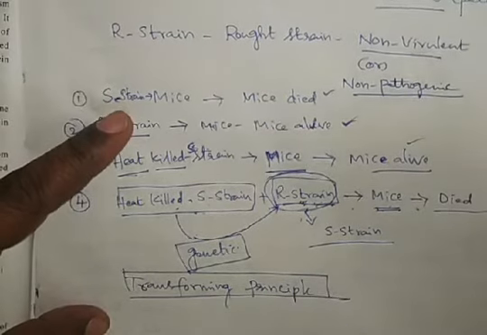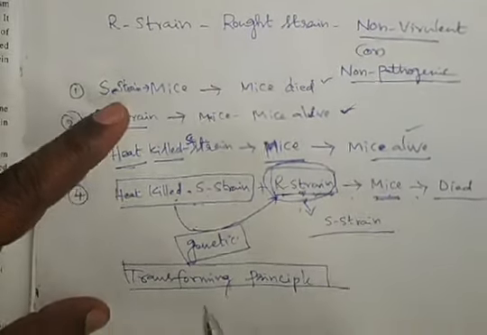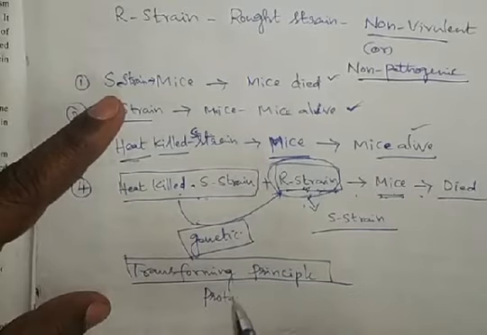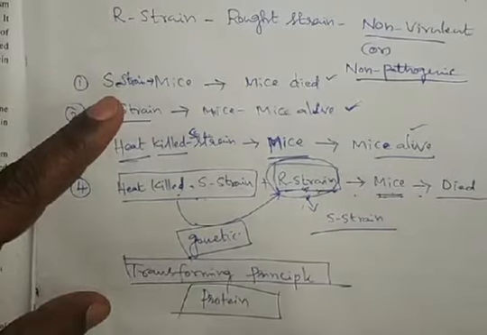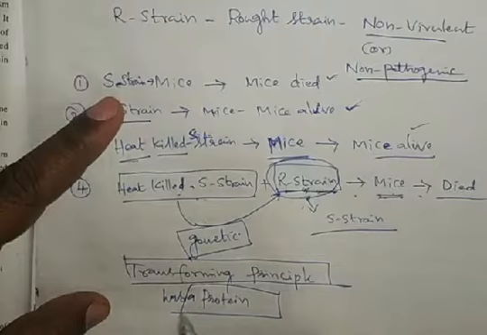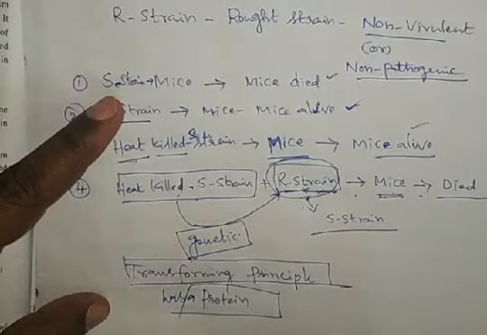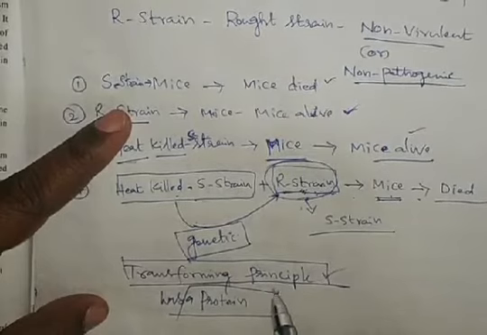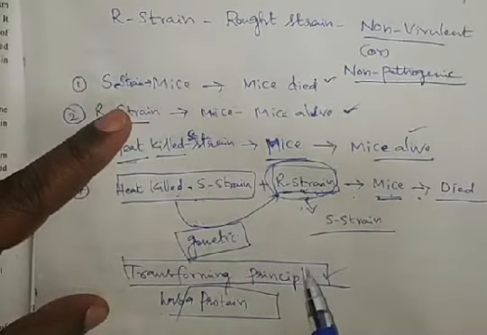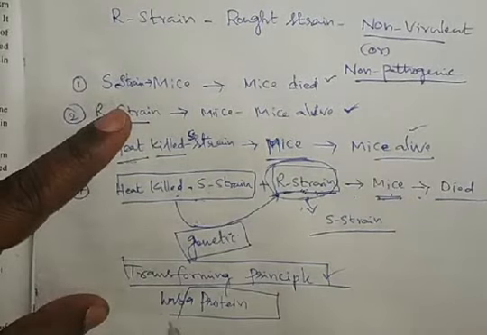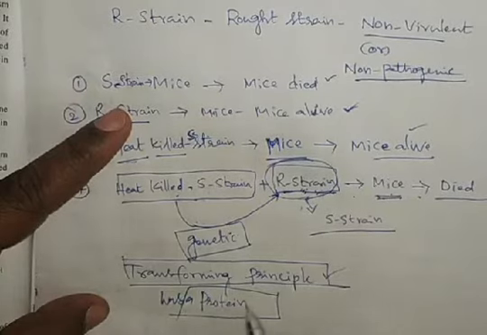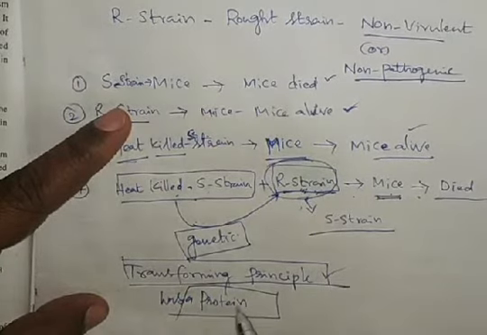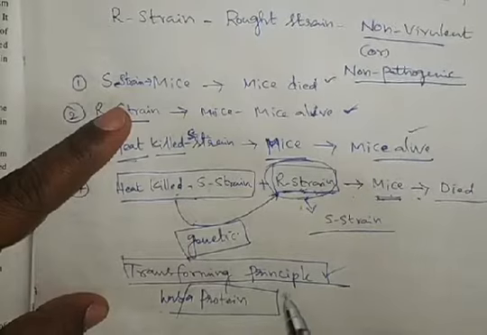All the scientists thought that it was a protein. But the transforming principle, whatever it showed, did not prove what that material is, whether it is protein, DNA or RNA.